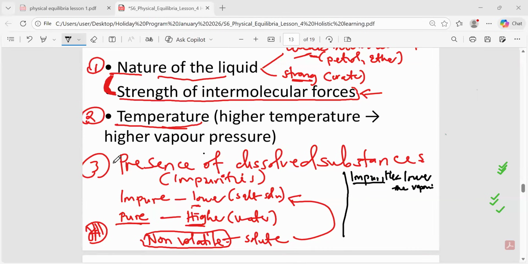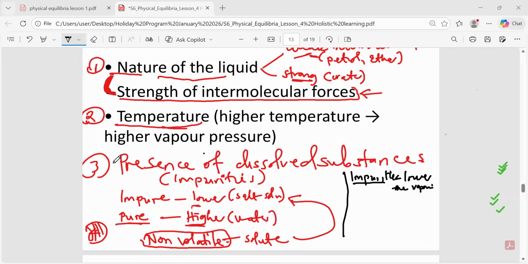Yes. Me, I think like the way you had explained it before, when the impurity is non-volatile, that means the vapor pressure of the impure substance will be low.